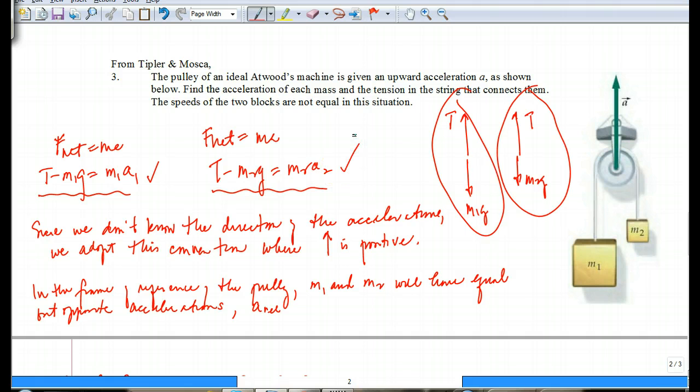In writing these equations, I've used the convention that everything upward, accelerations upward, tensions upward, are positive, and downward are negative. And I adopt this because I don't really know whether the acceleration will be positive or negative, whether upward or downward.